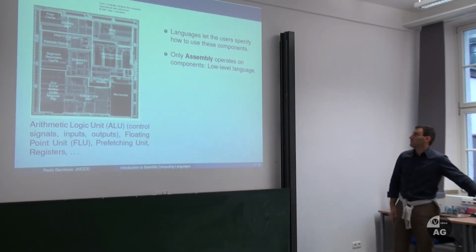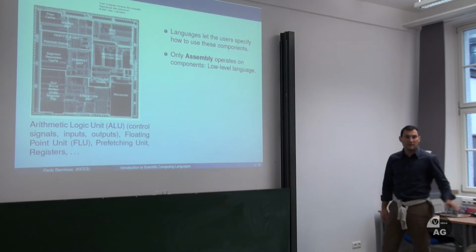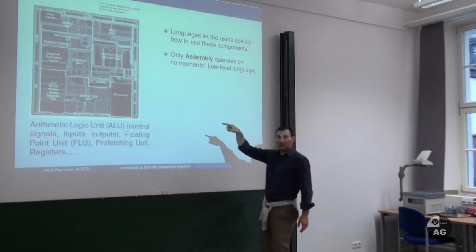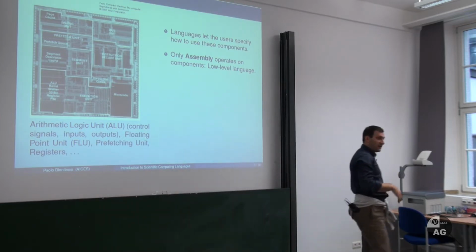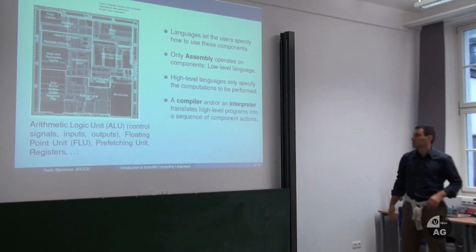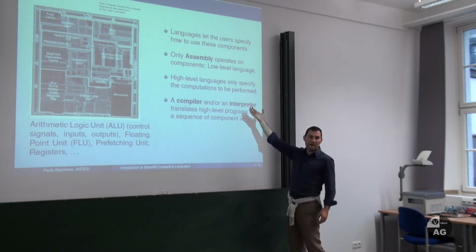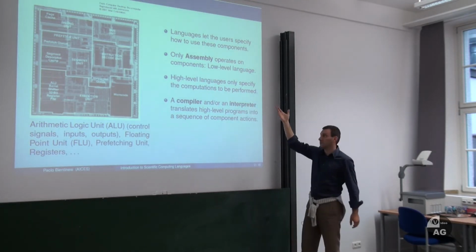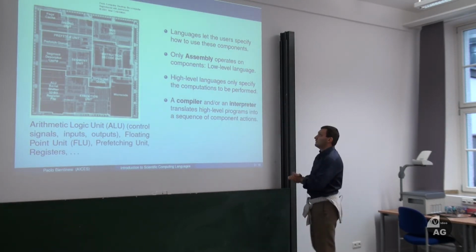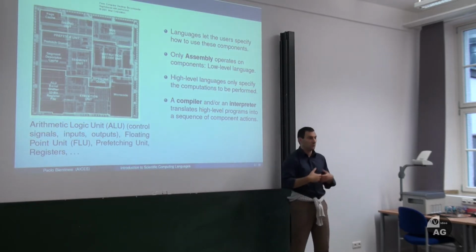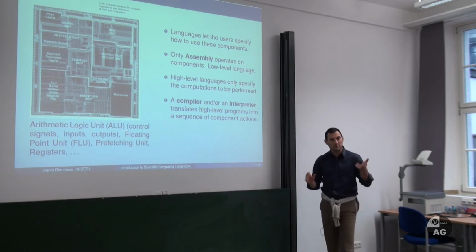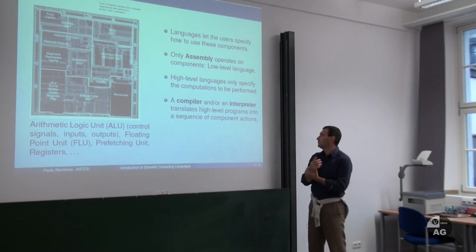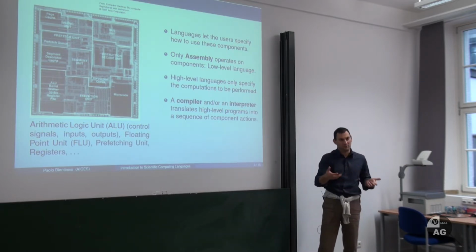So assembly is pretty much the only language that allows you to literally control these units. Every other language is a high-level language compared to assembly. And at that point, you talk about what you want to do. So you want to multiply two vectors or a matrix and a vector. You want to do a fast Fourier transform or whatever.